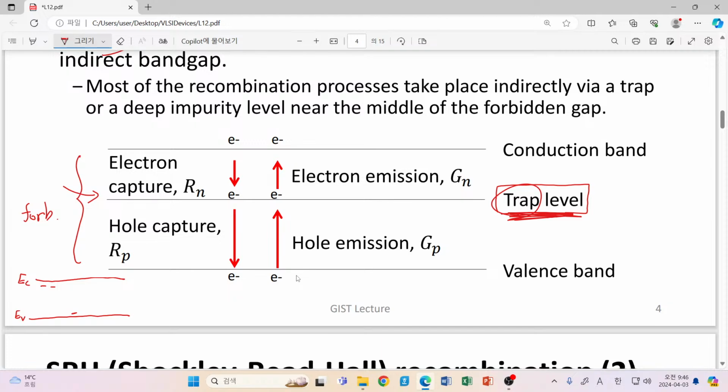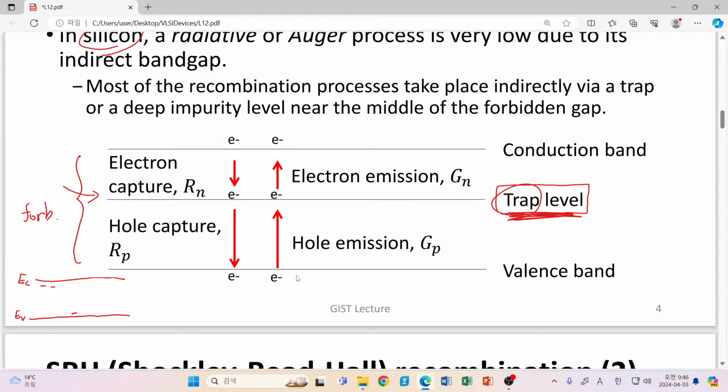But at the time, I told you that if we introduce certain impurities whose energy levels are located in between, for example, this case, they are treated as very bad guys in our electronic application.